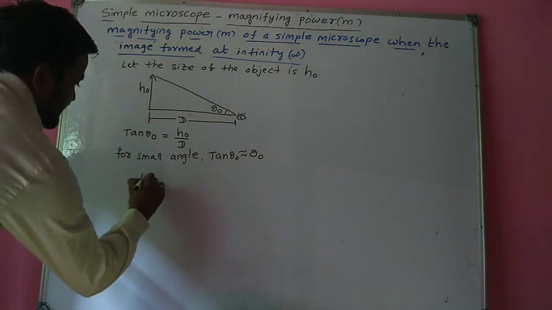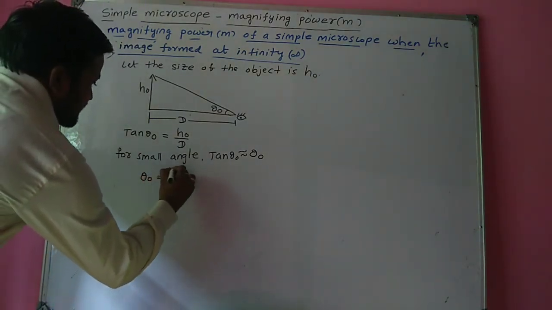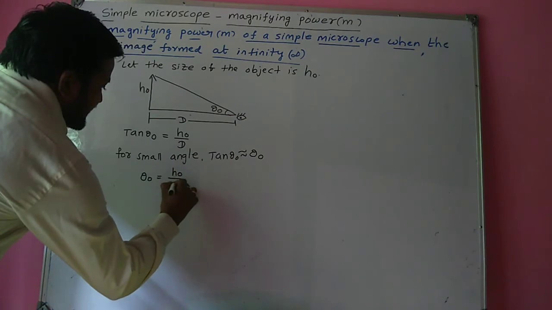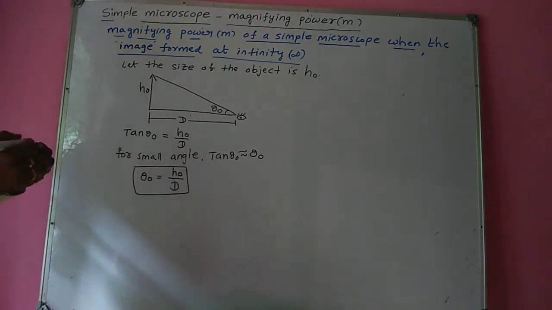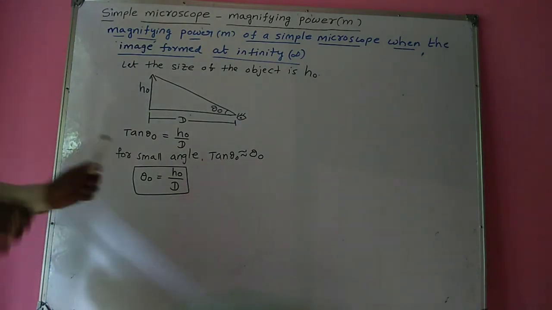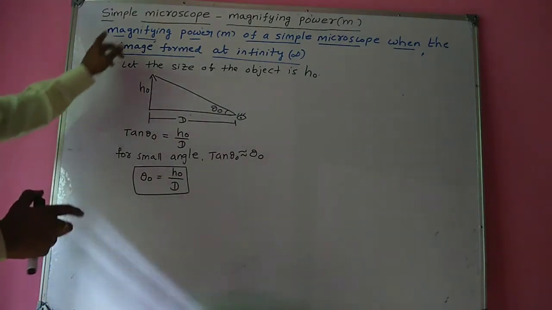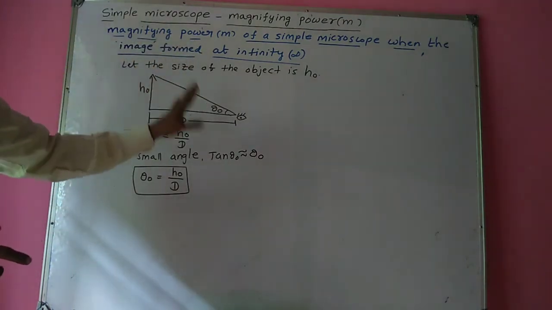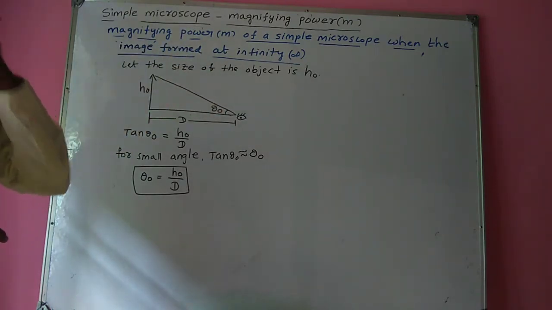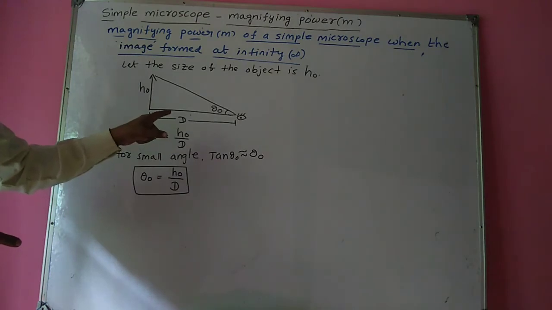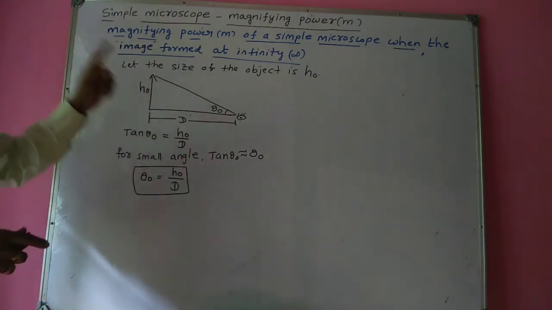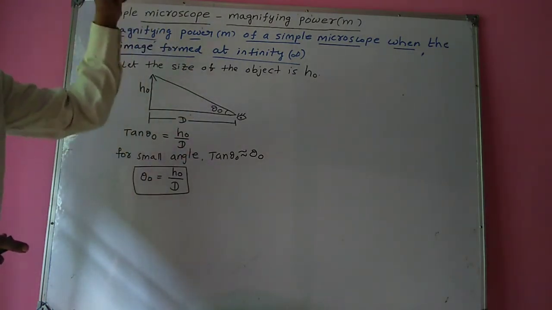Now, here theta O can be written as HO by D. This is the value of theta O, the angle made by the object. In this case, when the image is formed at infinity, we are going to find the angular magnification. Angular magnification means the ratio of the angle made by the image to the angle made by the object.